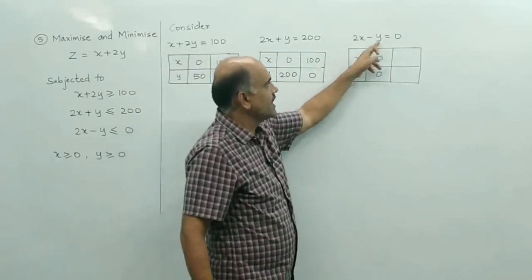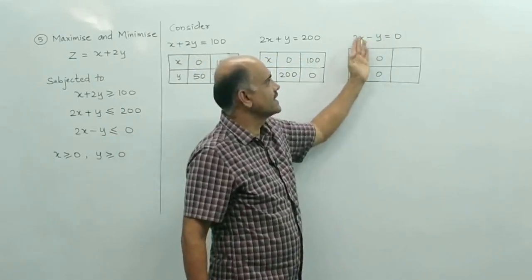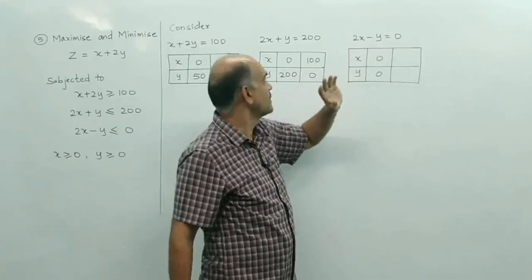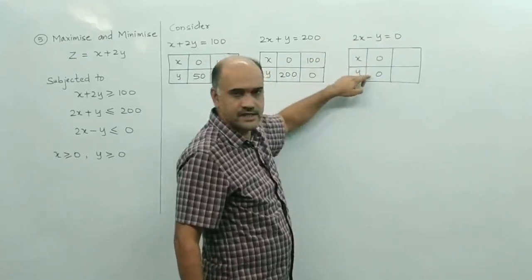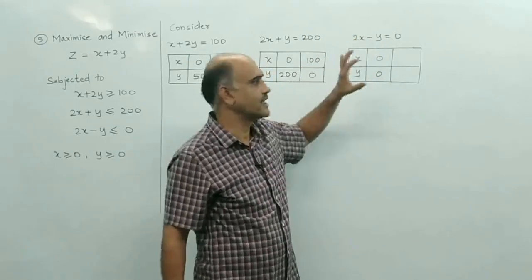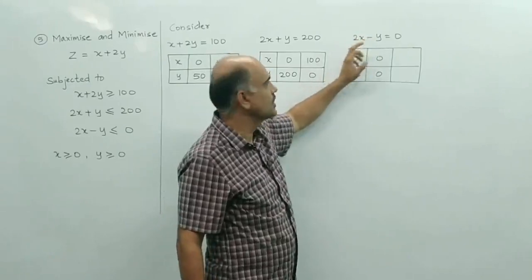Now if you take y equal to 0, again you will get x equal to 0. So when RHS is 0, if you take x as 0, y comes 0, and if you take y as 0, x comes 0. So you will be getting only one point, that is 0, 0.